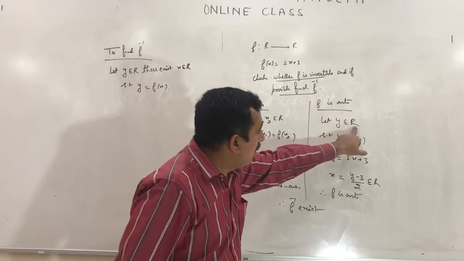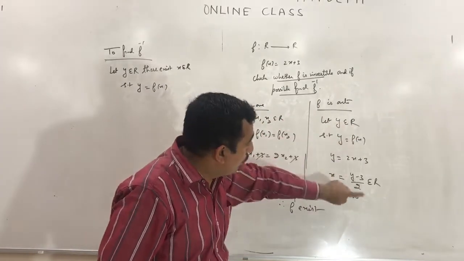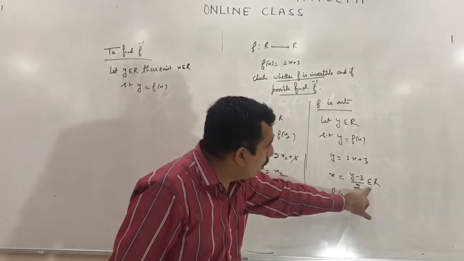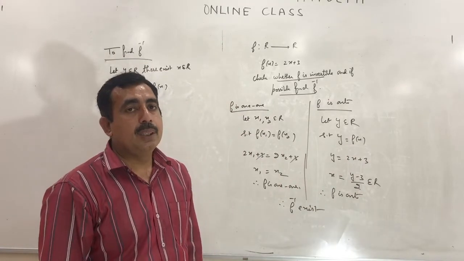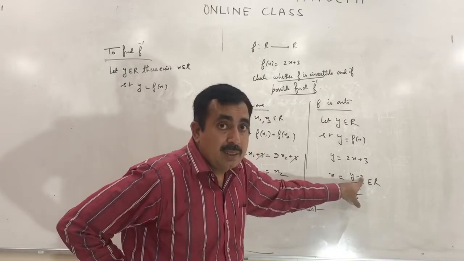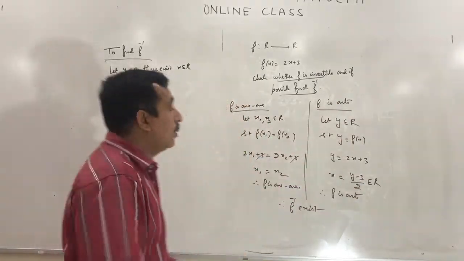Let y belong to R, there exists x belonging to R. For every y, we have proved that x belongs to R. For y belonging to R, there exists x belonging to R such that y equals f(x). You have to write the first line this, second line this, which you have proved in onto, and then start this: y equals f(x).